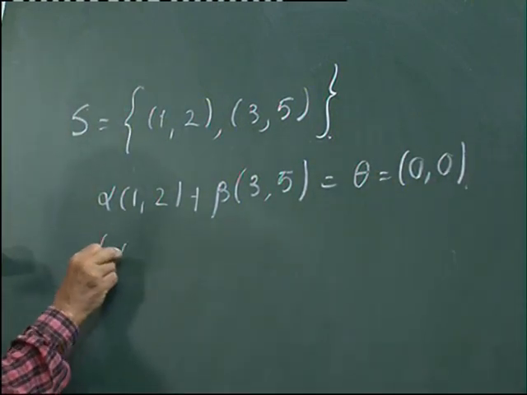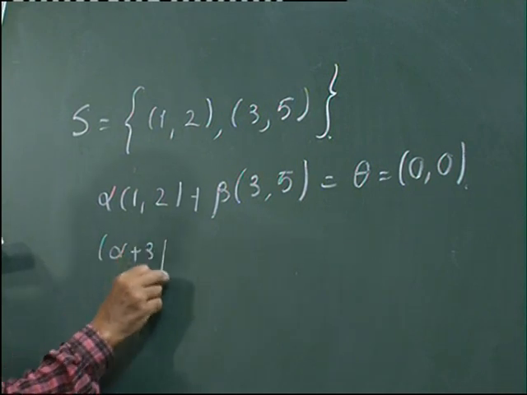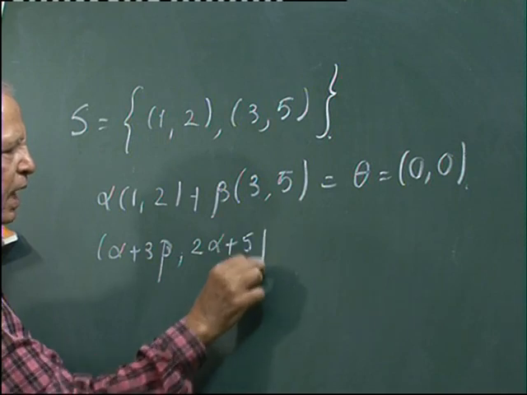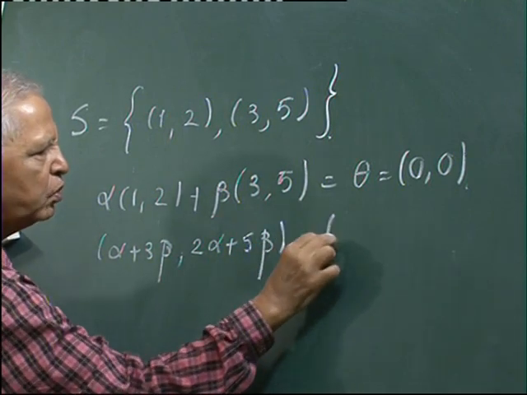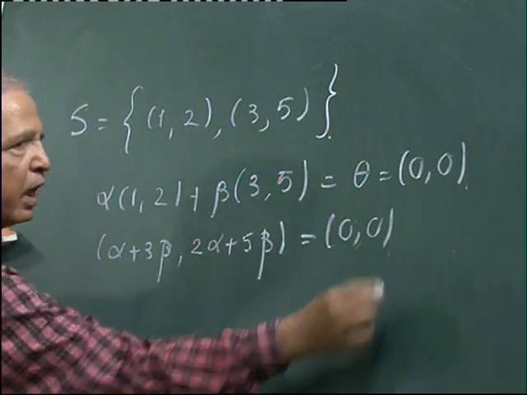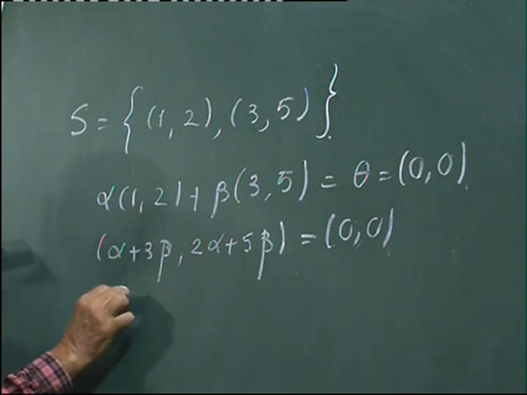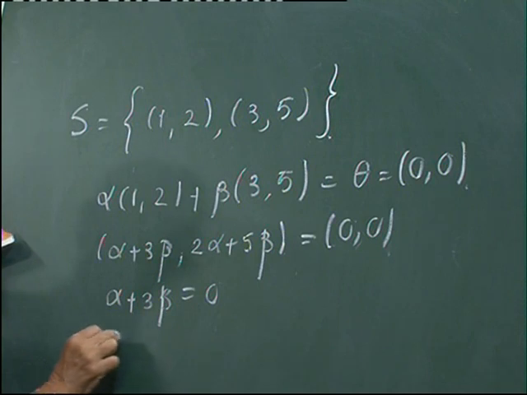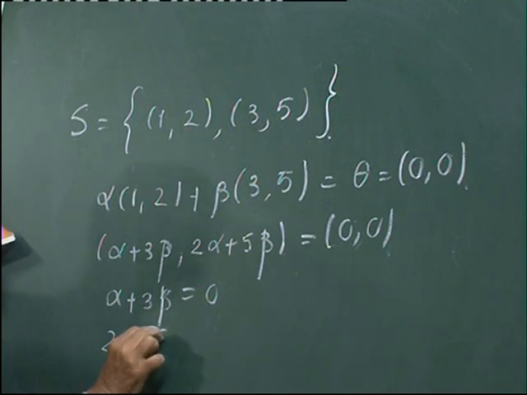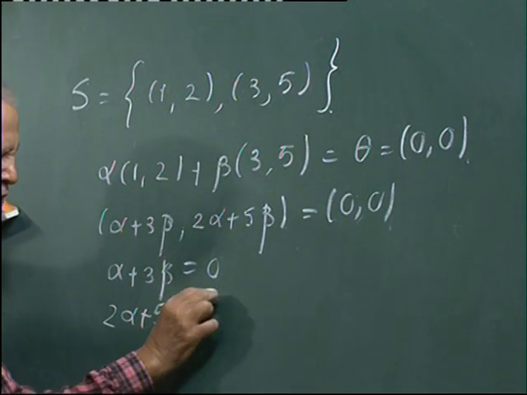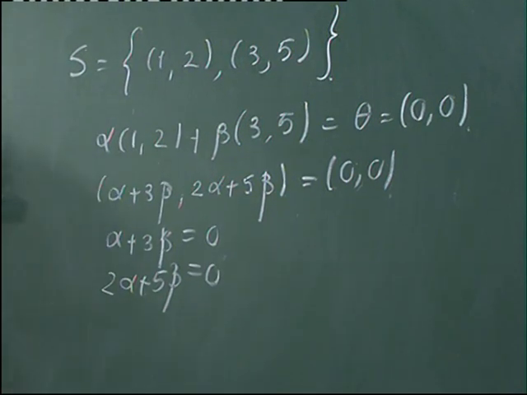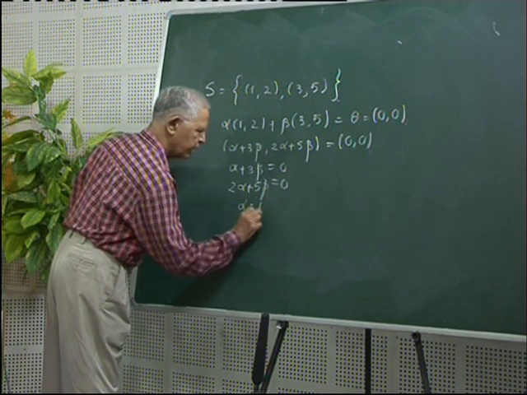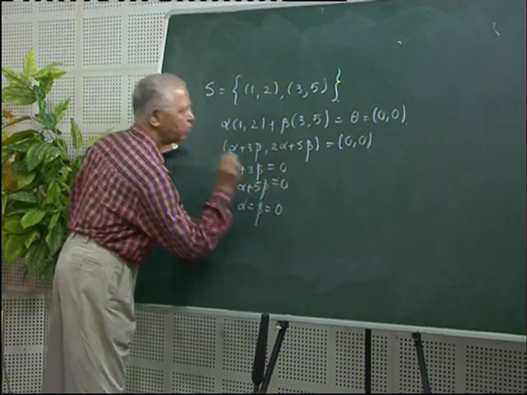That implies (alpha plus 3 beta, 2 alpha plus 5 beta) is equal to (0, 0). So what we get is alpha plus 3 beta equal to 0 and 2 alpha plus 5 beta also equal to 0. Solving this for alpha and beta, it is very obvious to see that alpha equal to beta equal to 0.